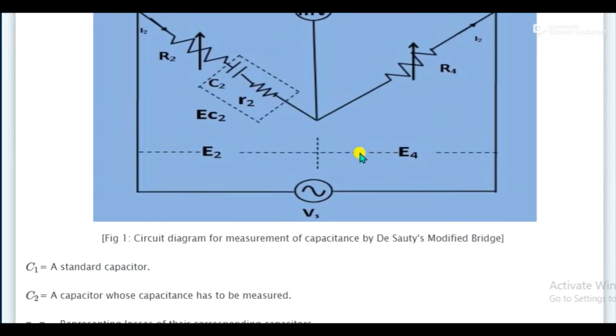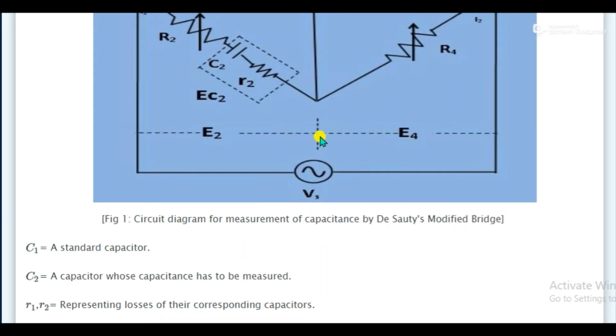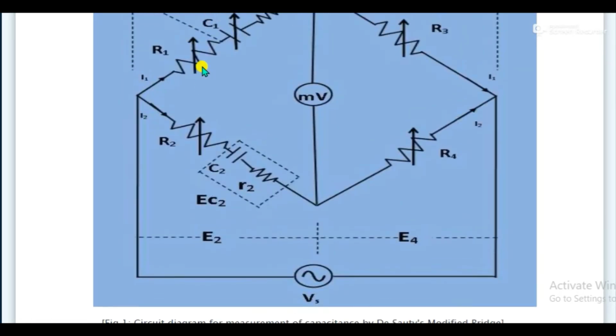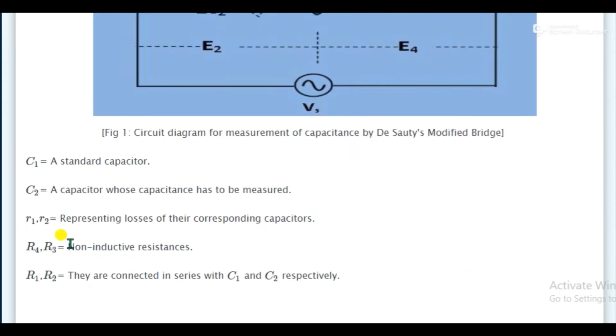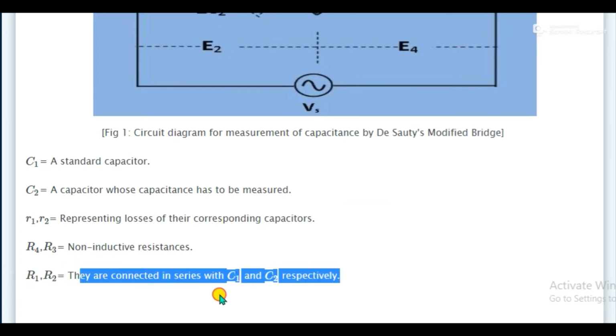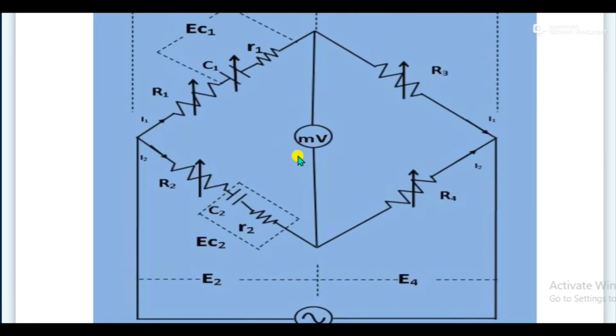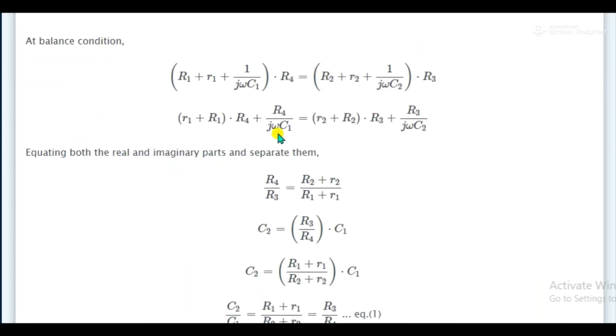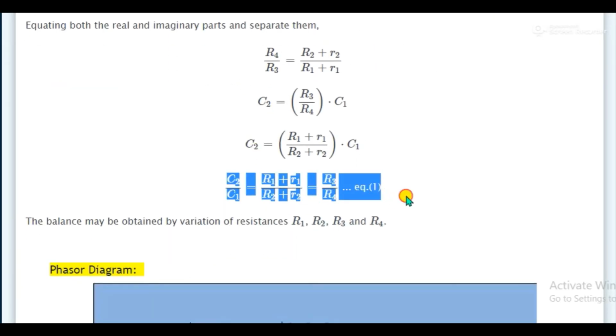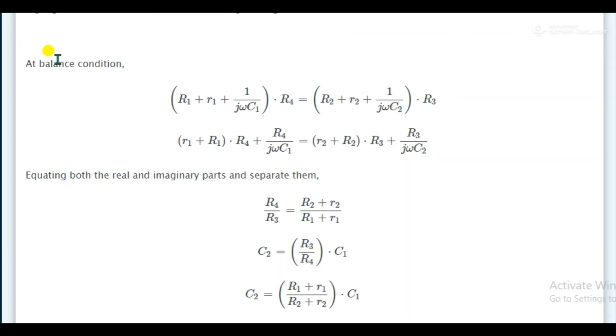Small r1 and small r2 represent the losses of their corresponding capacitors, and capital R4 and R3 are the known resistances, and these r1 and r2 are connected in series with C1 and C2 respectively. Simply keep this in mind and remember these equations; there is nothing very hard here. It's just that they have balanced the circuit, and this is the equation we got.